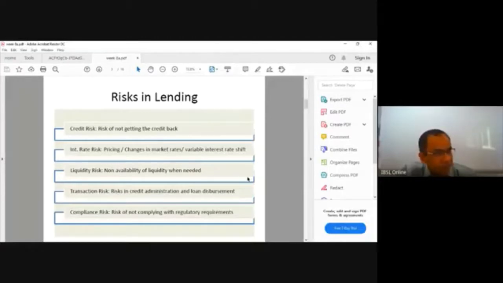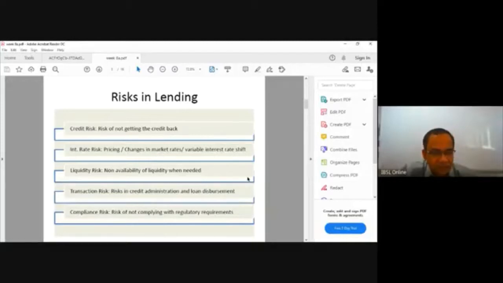Say, for example, without executing the mortgage, the loan is disbursed. Once the loan is disbursed, it takes some time to go and execute the mortgage bond. While you went to execute the mortgage bond, there were some problems, like a caveat was filed, or something happened to the customer, or whatever.